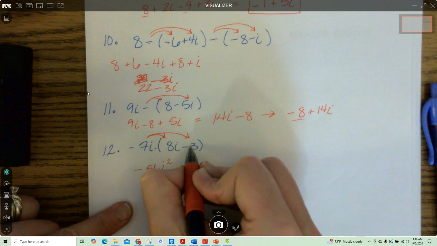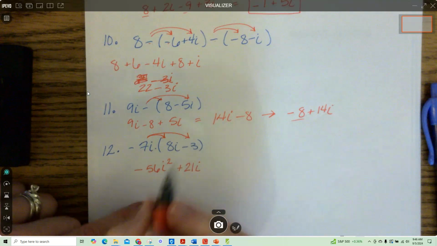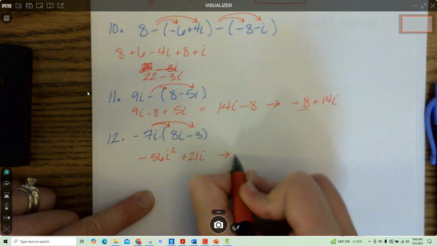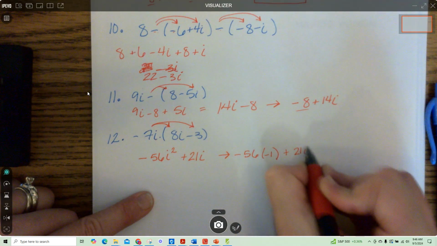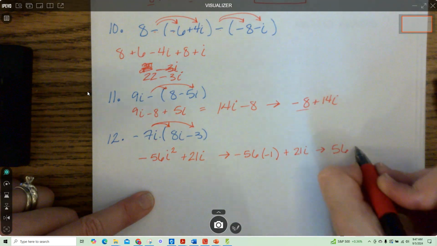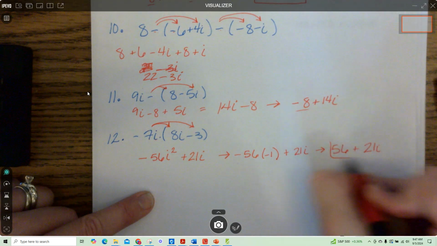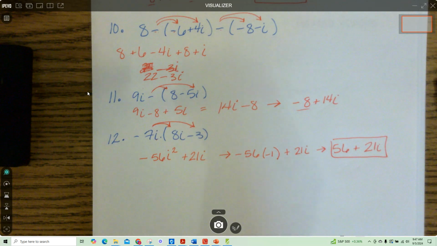And then negative 7 times negative 3 is a positive 21, and then we just keep the i piece. i squared is negative 1. So what happens here is the sign changes. We get 56 plus 21i. So you really have to just kind of keep track of your steps and keep track of your pieces and your signs. Anybody else have a different one like that they need help with?